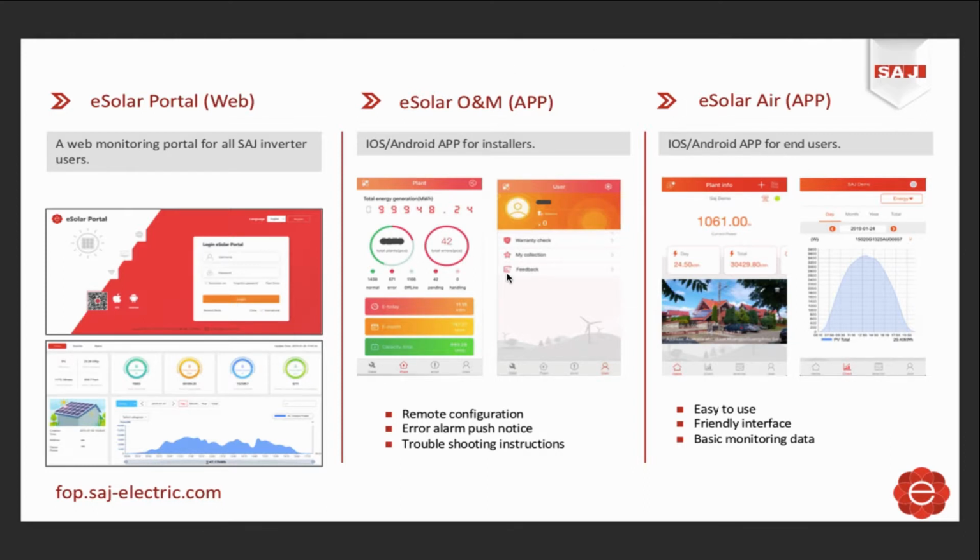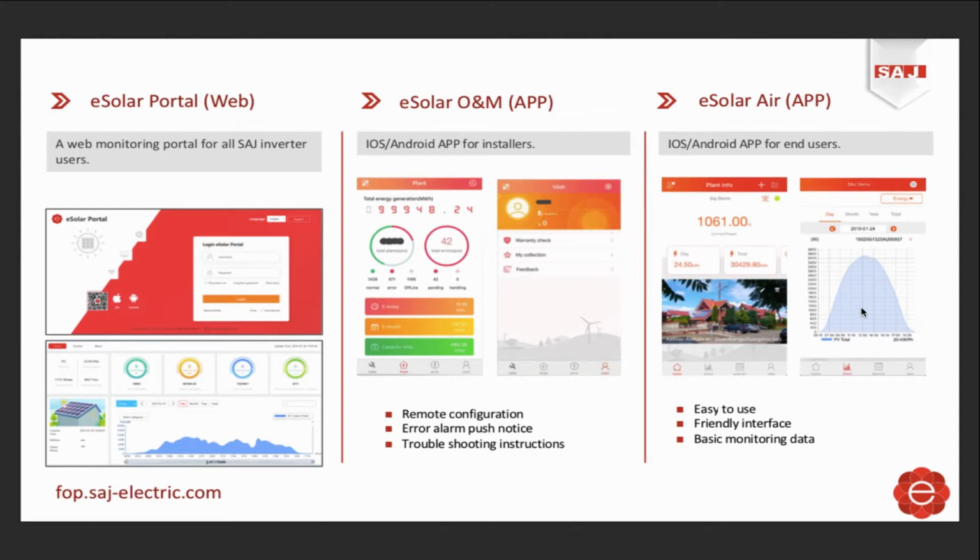The reason why we have two different applications is that we would like to have an app with a lot of functions, like remote configuration and a lot more details of the plants. While for end users, I believe they will be happy to see some basic information of the plant.